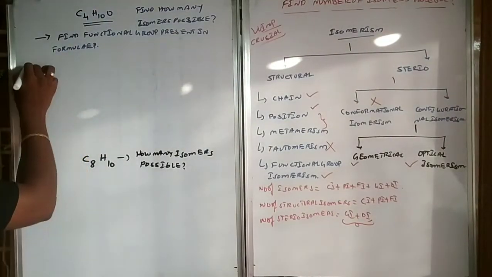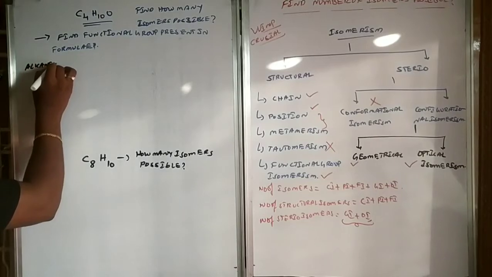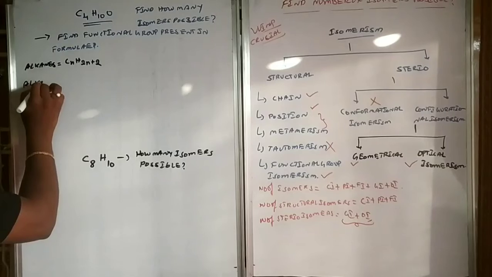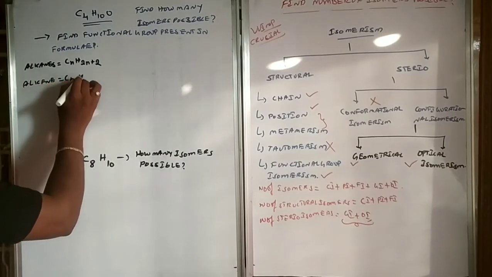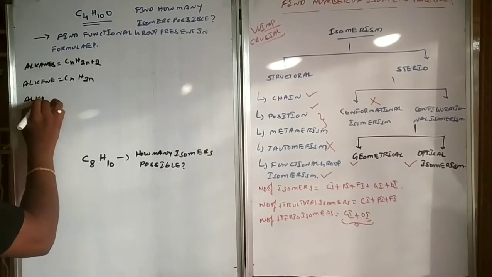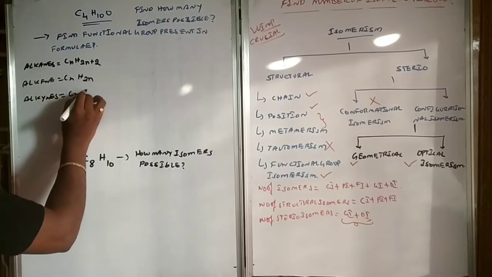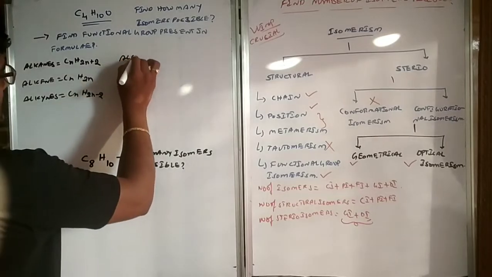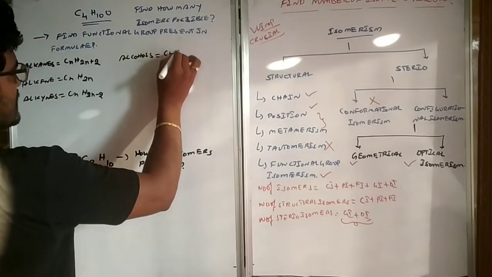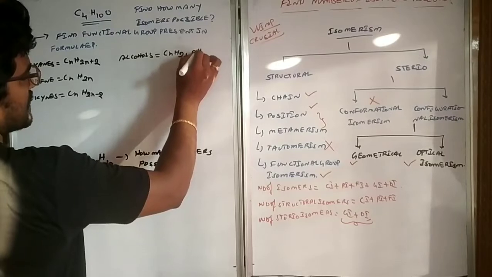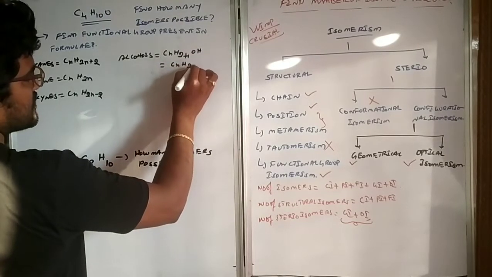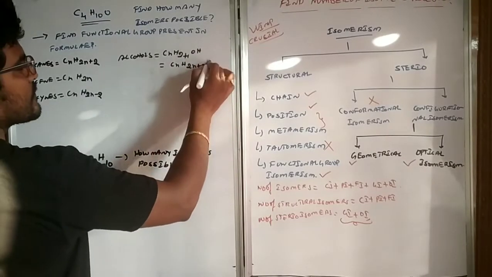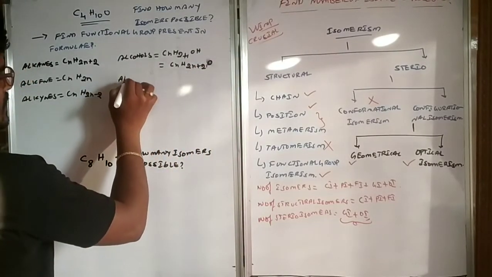Alkanes are CnH2n+2. Alkenes are CnH2n. Alkynes are CnH2n-2. Alcohols are CnH2n+1OH, that means CnH2n+2O. And aldehydes and ketones.